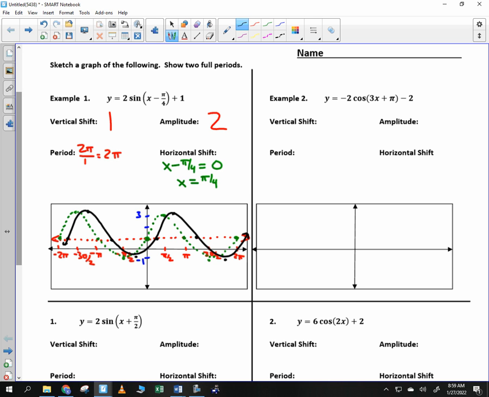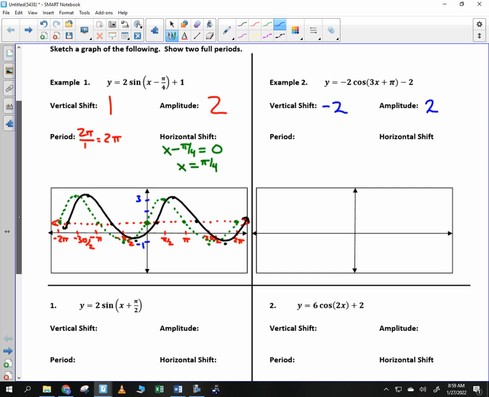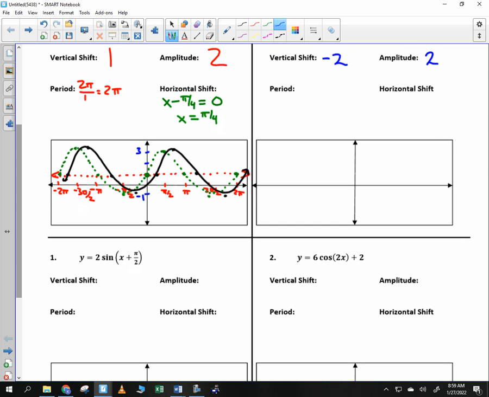All right, last one. Vertical shift. -2. Moves us down 2 units. What's the amplitude? 2. So this one's a little bit different than the others we've seen.